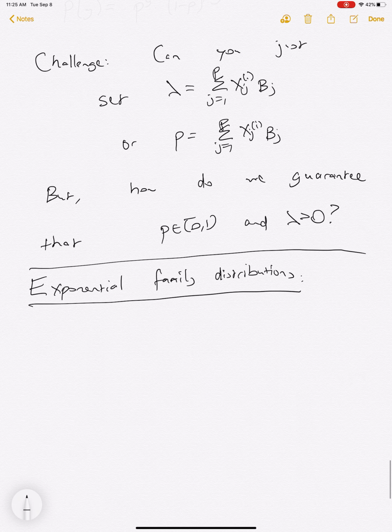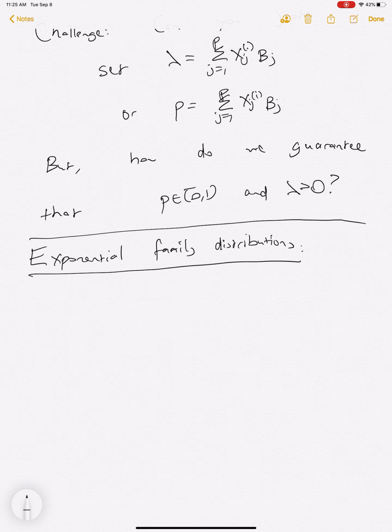Some of you may have seen this before, a lot of you may not, and that's okay. This is a really nice way to tie to generalized linear models, and they also link to convex optimization, as I mentioned, because this set of distributions has a lot of really nice properties.